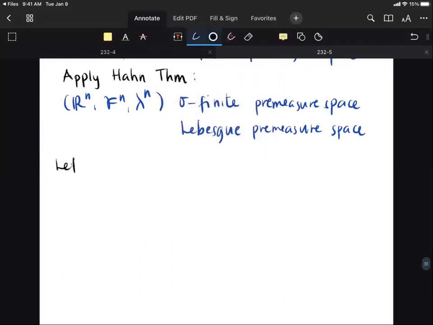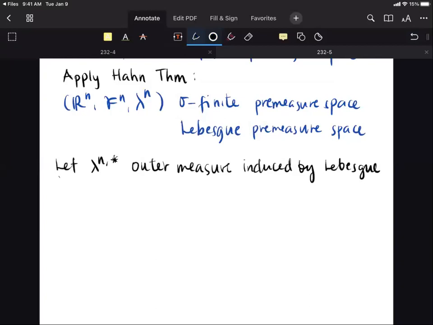Now, let us denote by lambda n star the outer measure induced by our pre-measure, or I should say Lebesgue pre-measure lambda n.